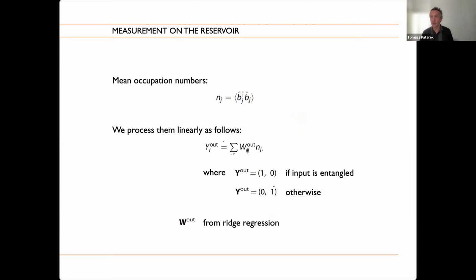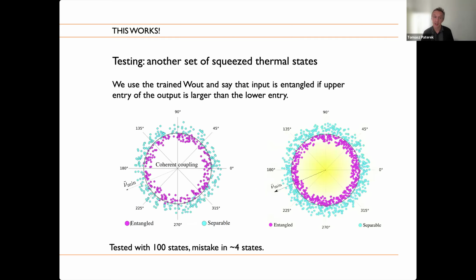Of course, now we want to know if this is actually working. So we want to test this machine with new states that it has not seen before. So we choose another set, actually random squeezed thermal states from the same class that we trained on, but different states. And we run them through this device. We again measure the occupation numbers.